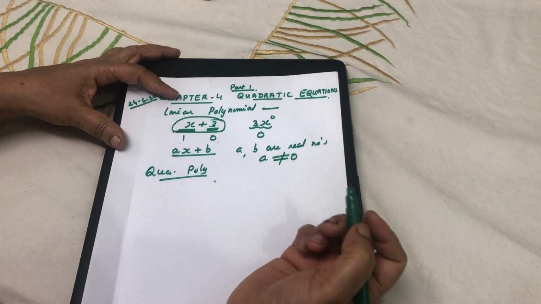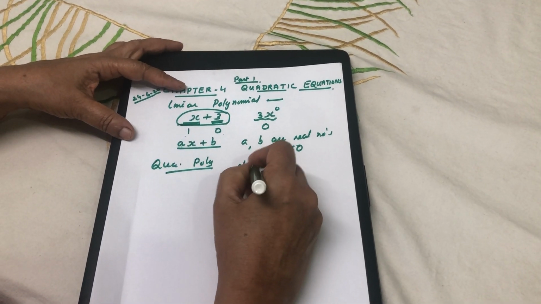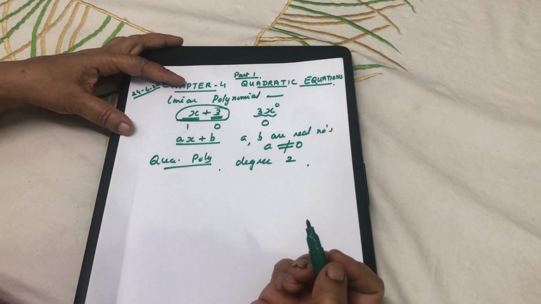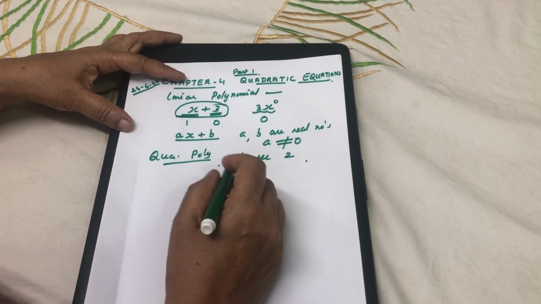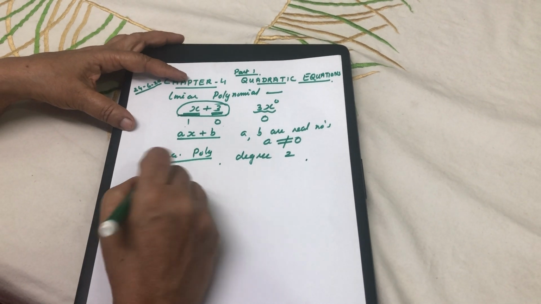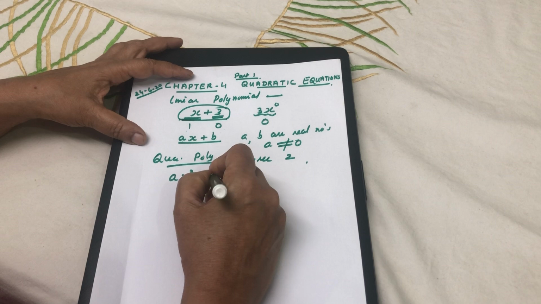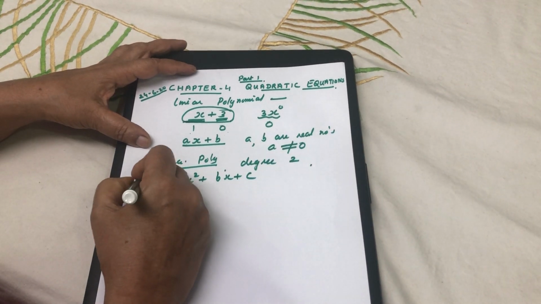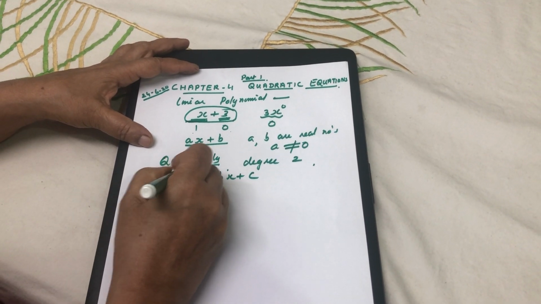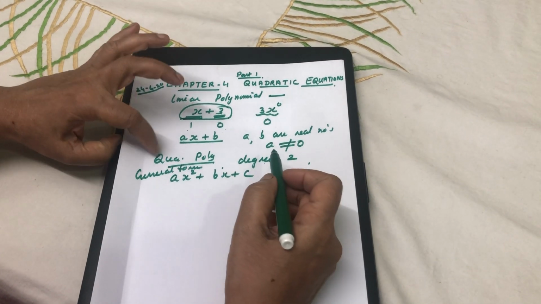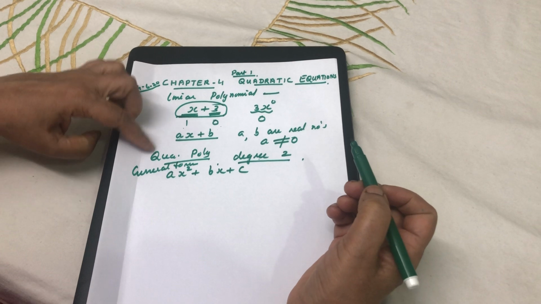A polynomial of degree 2 is called a quadratic polynomial. The general form of a quadratic polynomial is ax squared plus bx plus c. The degree of a quadratic polynomial is 2.